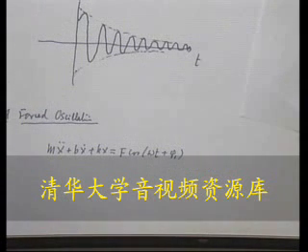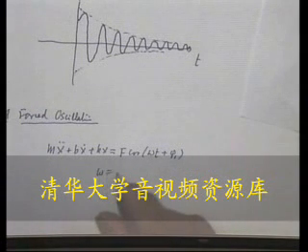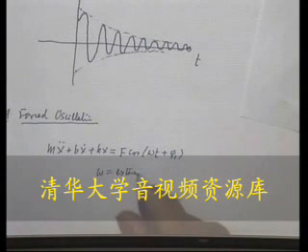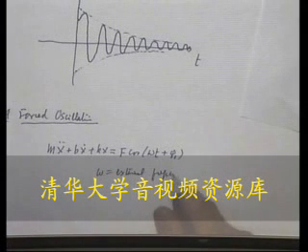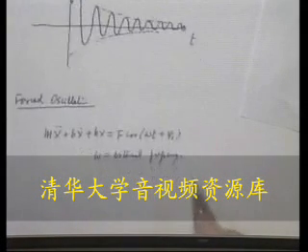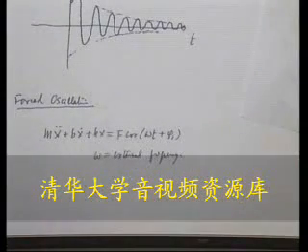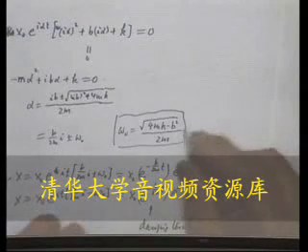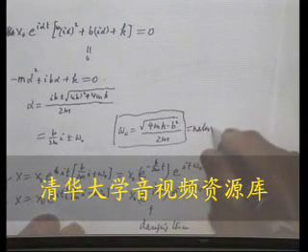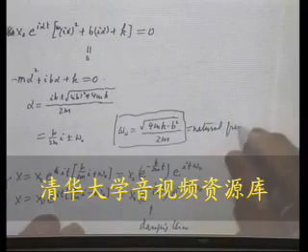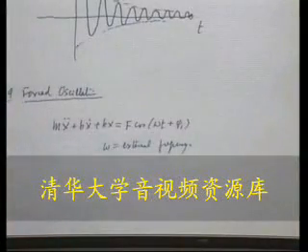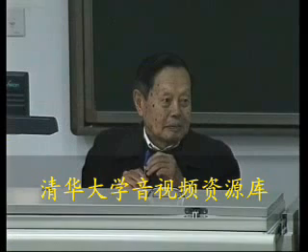This omega is the external frequency. We had the omega 0. Omega 0 is the natural frequency. This external frequency omega may or may not be equal to omega 0.